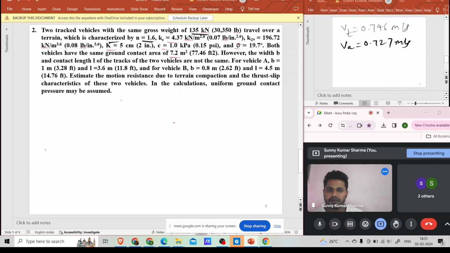However, for width, suppose first vehicle, suppose A, width and contact length are different.